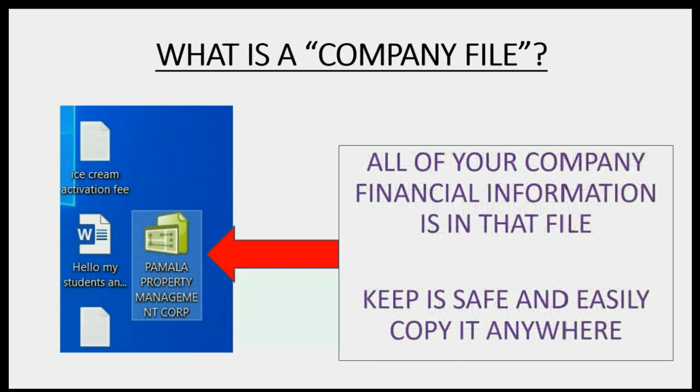All of your company financial information is in that one file represented by that green little icon. So it's important to keep it safe and make sure that you can easily copy it anywhere.